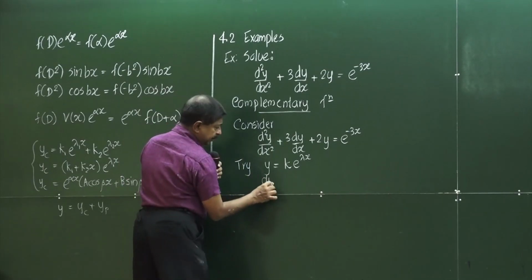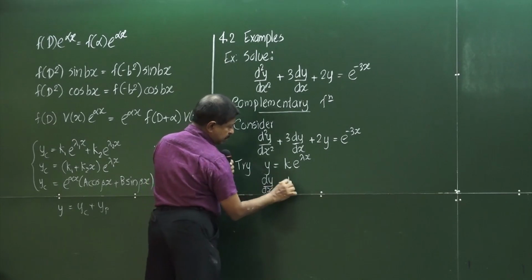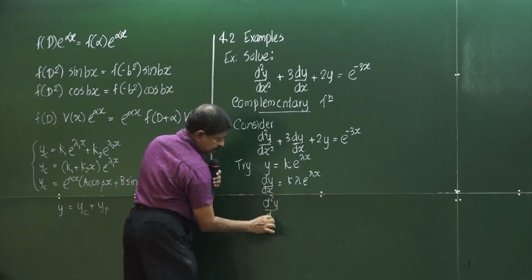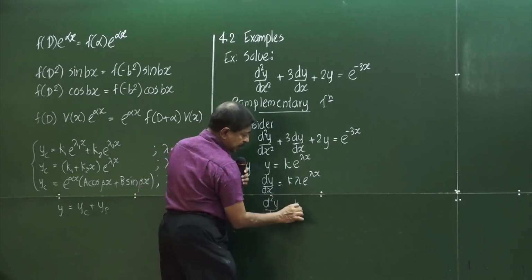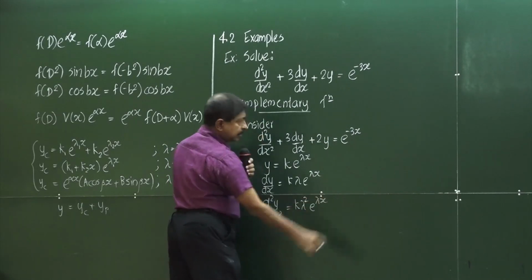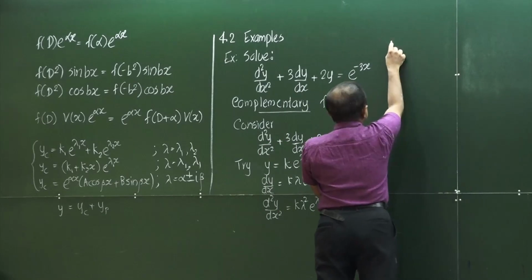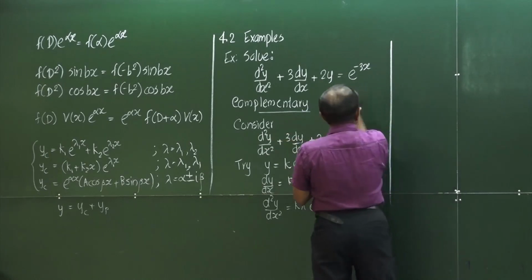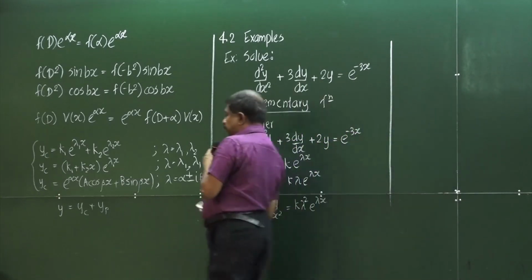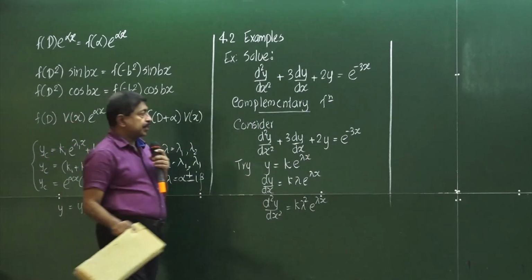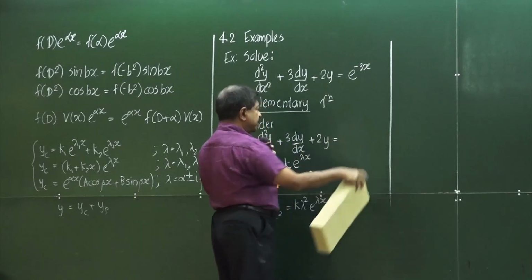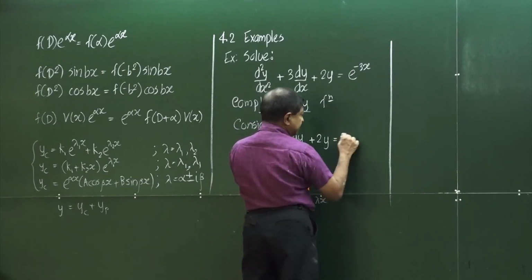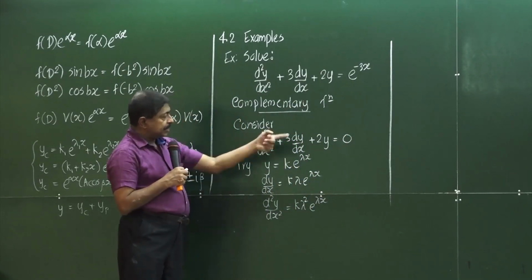Now we find dy by dx. And again, by differentiating this, you can find the second derivative. You get k lambda squared e to the power lambda x. Now, plug these into the differential equation. Sorry, I have made a little mistake. I told you it's a homogeneous equation, where the right-hand side is equal to 0, but I wrote something else. This should be 0. Now you plug these in the equation.